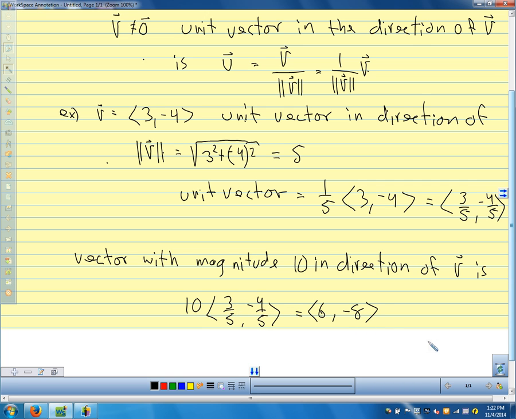Either way would be fine. But if it weren't 10 and 5, then it wouldn't be quite as easy to see that relationship.